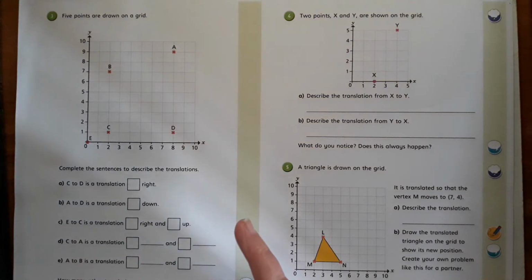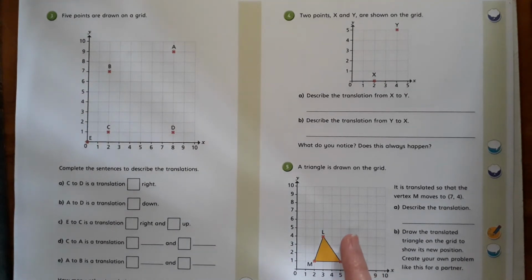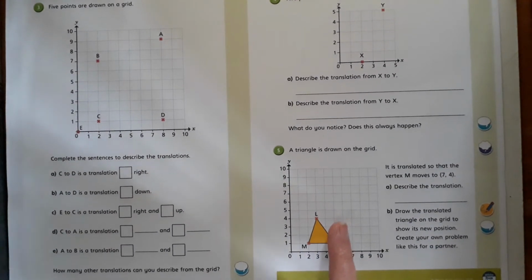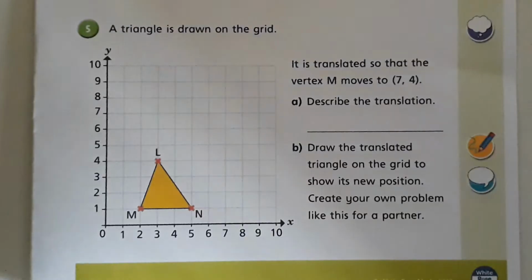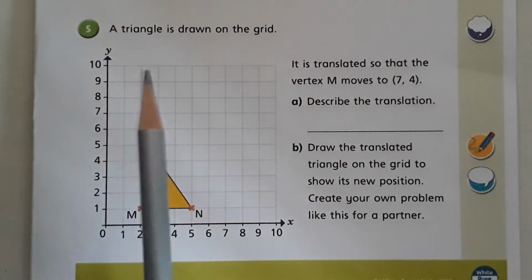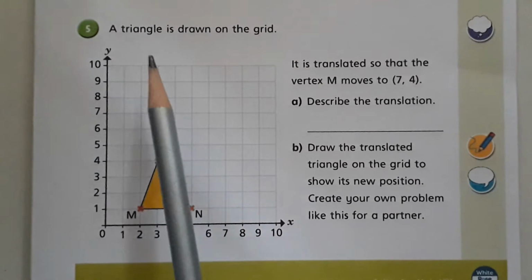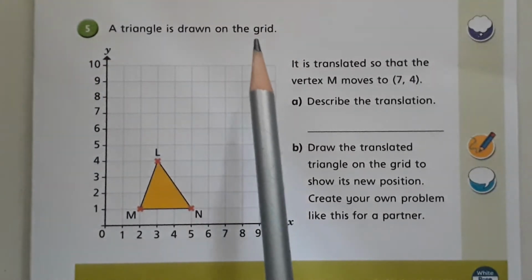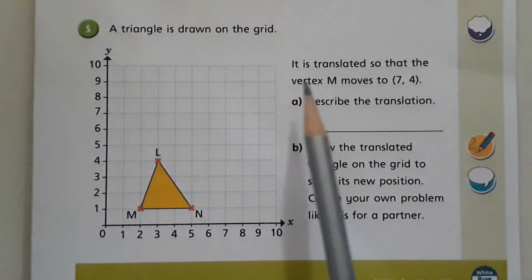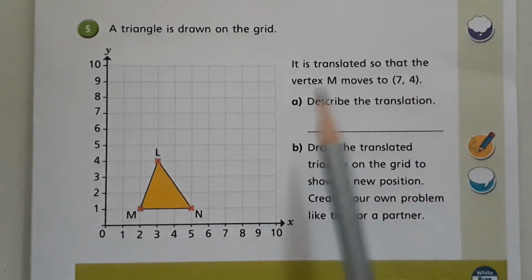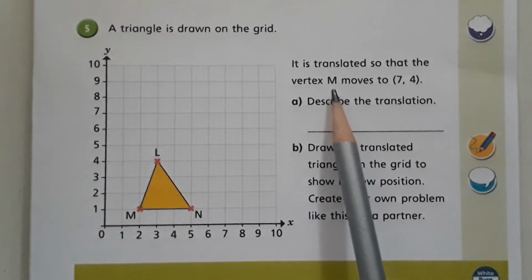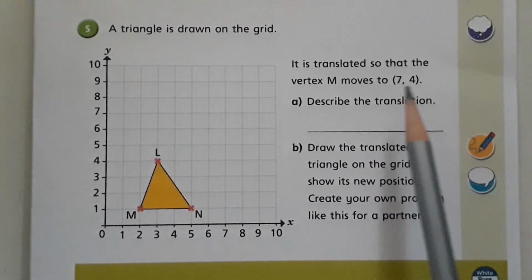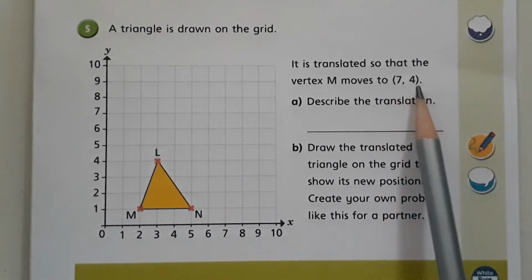All right, and the only one we're actually really going to have a look at today is the last one on the sheet, number 5. Okay, so the question says a triangle is drawn on the grid. It is translated so that the vertex M moves to 7, 4.